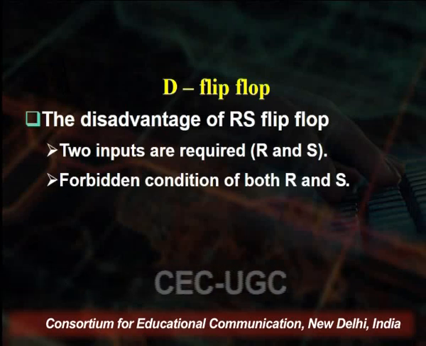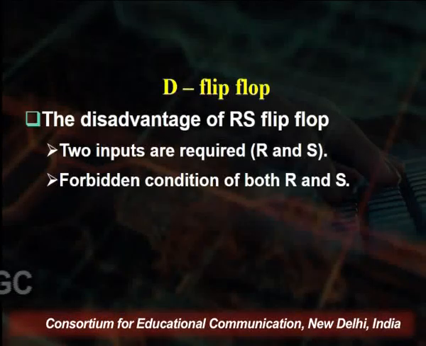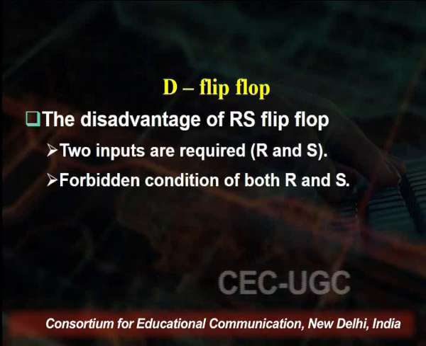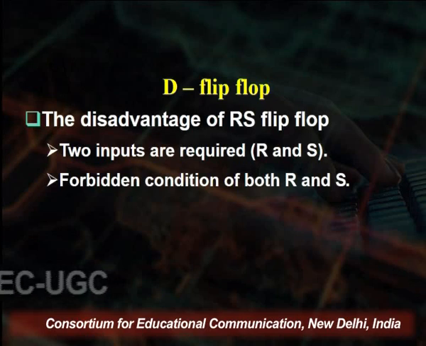In this case, if we look carefully, then for the values S and R being 0, 0, the last state is retained, and when the case somehow arises as S equal to 1 and R equal to 1, then that state is forbidden. So effectively, the flip-flop is processing data only during two states, when both the inputs S and R are not equal to each other.